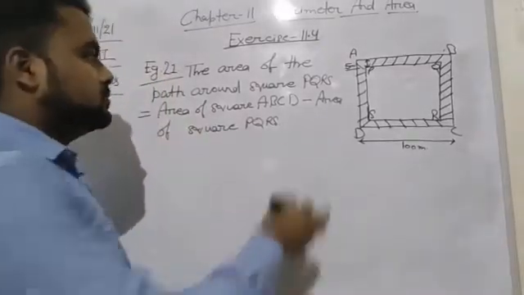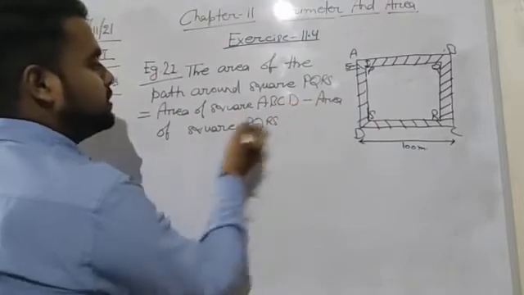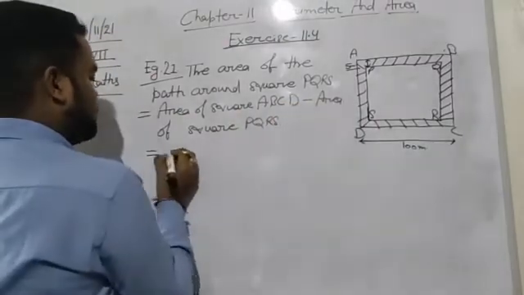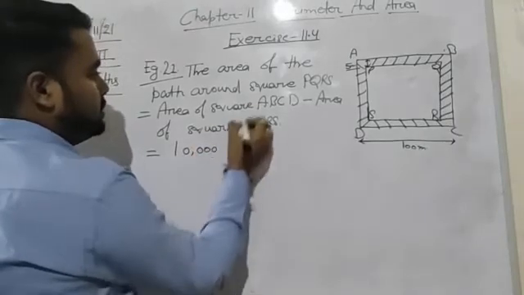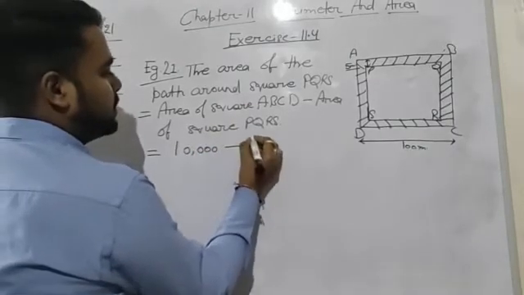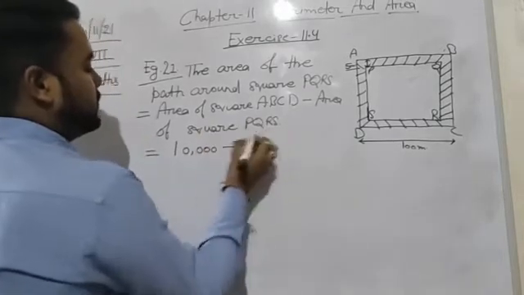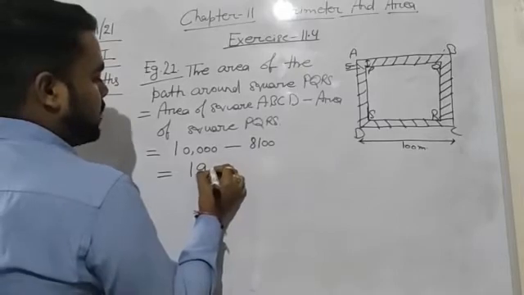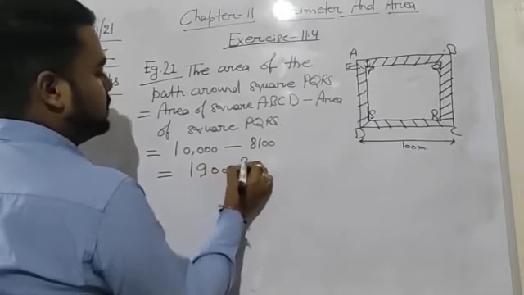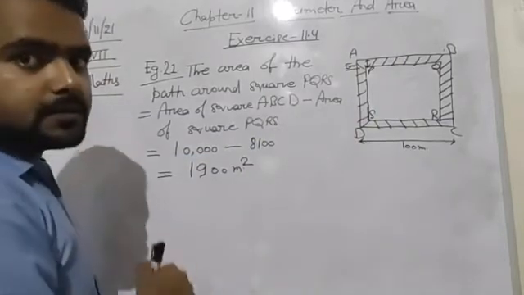And now we subtract. As we found earlier, 10,000 meter square is the area of square ABCD, and 8100 is the area of square PQRS. When you subtract it, you find 1900 meter square. That is the area of the path around the square PQRS. Okay.